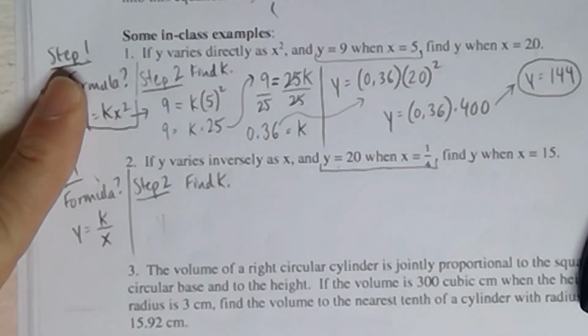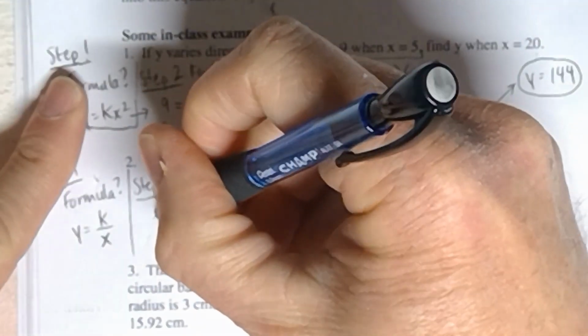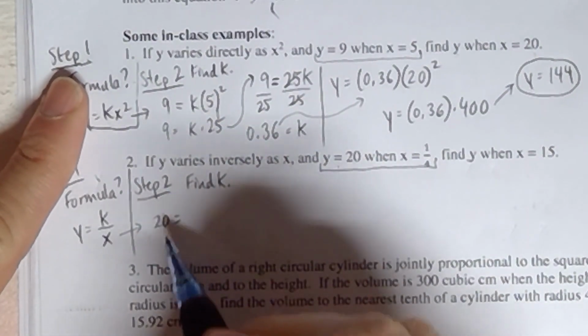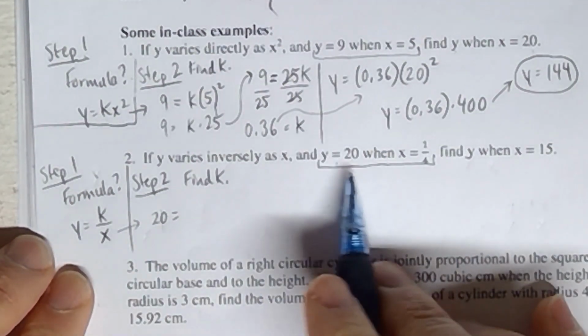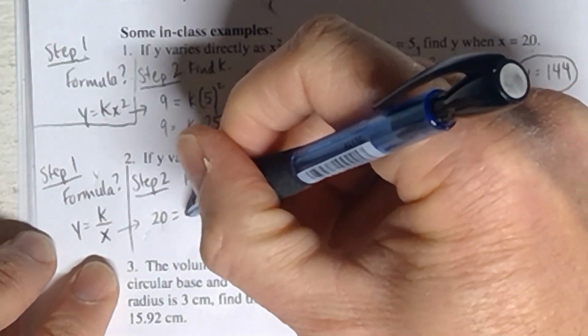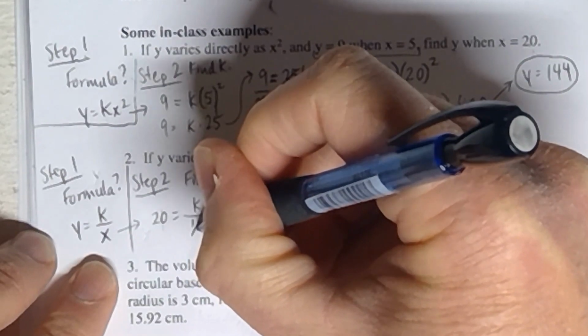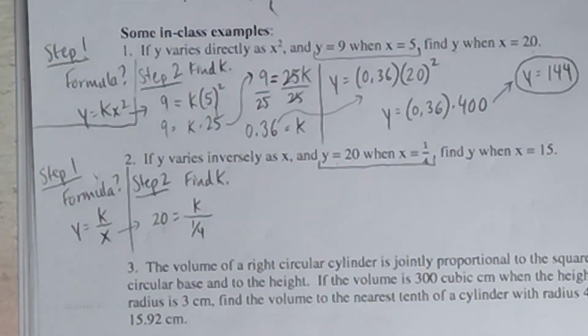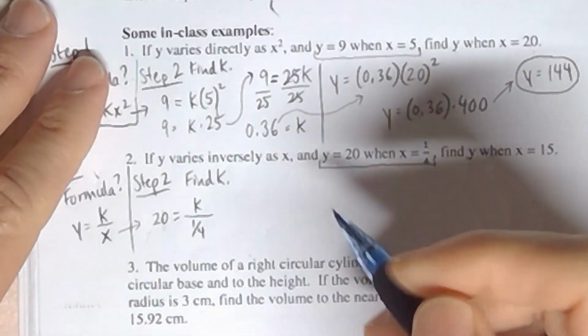So there we go. We're going to replace the y with 20 right there. I'm just using the same formula. I replace the y with 20 as this statement tells me to do, and then I put my k. And then I have to plug in 1/4 underneath that. That looks kind of weird, huh? There's a lot of different ways you can handle this.